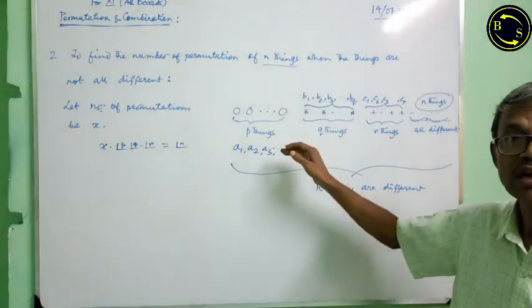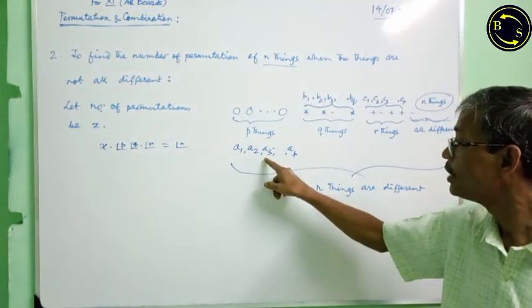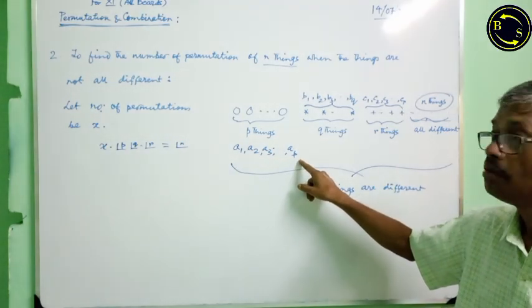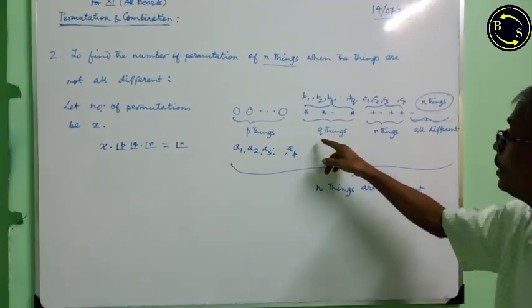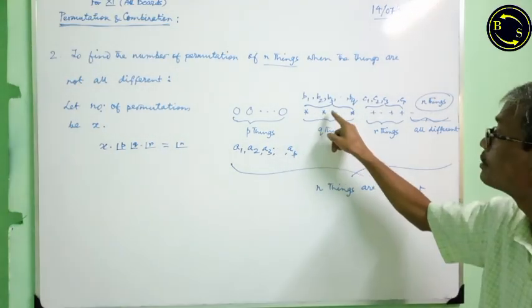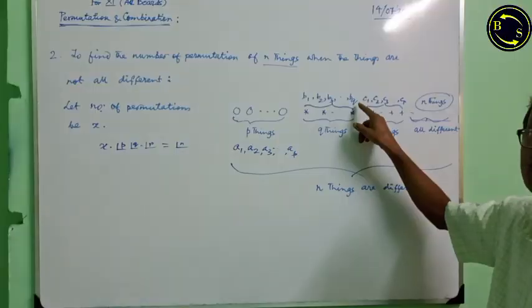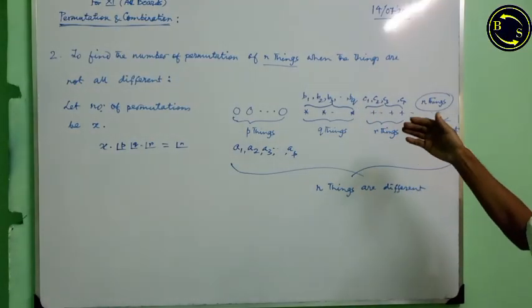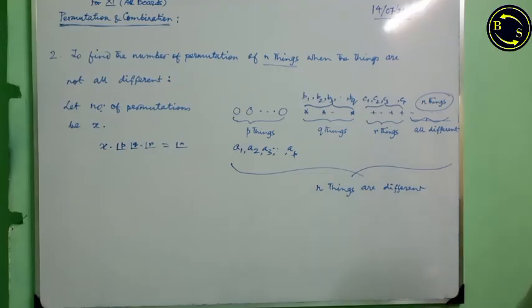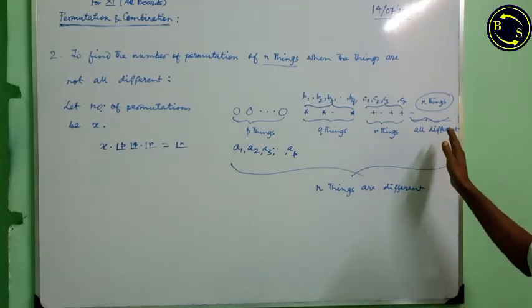First, P things are replaced by A1, A2, A3, ..., AP, P different A's, these Q things are replaced by B1, B2, B3, ..., BQ, and these R things are replaced by C1, C2, C3, ..., CR, and all are different.